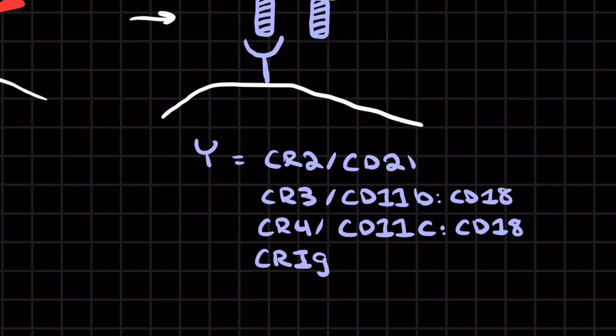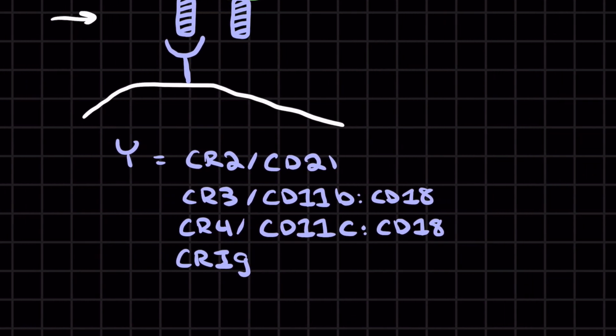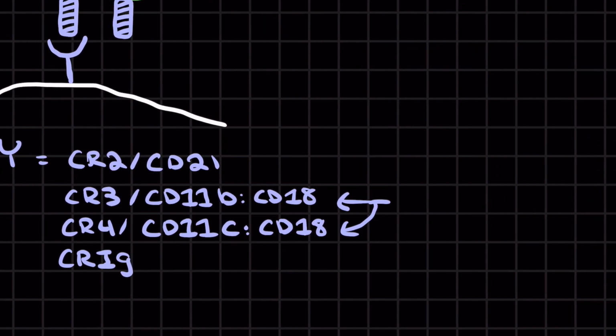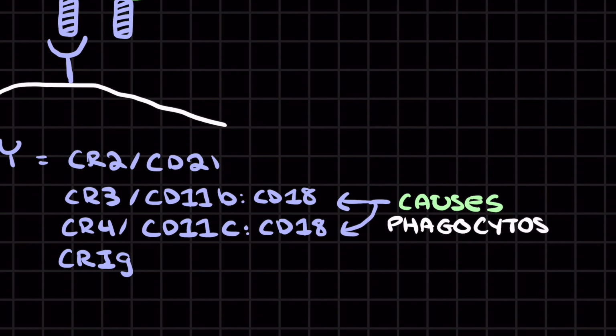Of these, important to note are CR3 and CR4, because CR3 binding and CR4 binding to iC3b is enough to cause phagocytosis on its own, so without needing the C3b to bind to anything. So it causes phagocytosis without dual authentication.